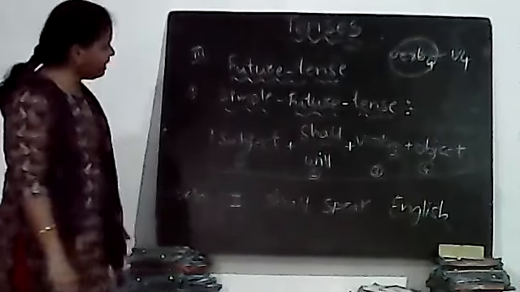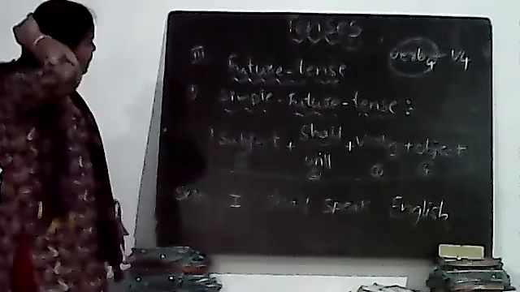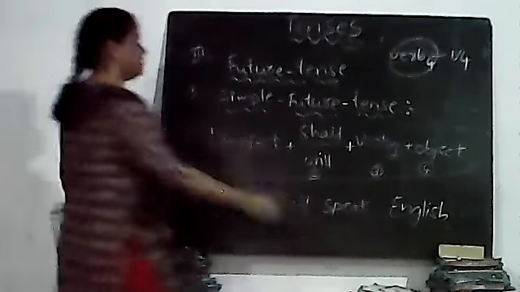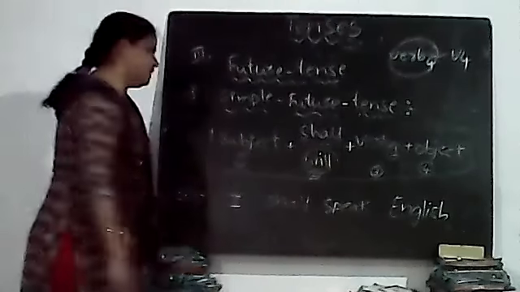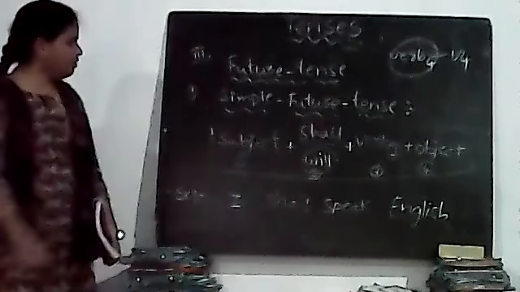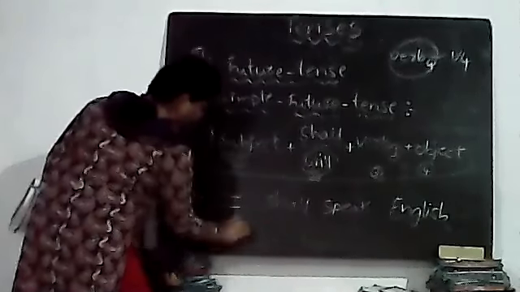We shall speak English. He will speak English. She will speak English. The third person uses will. Okay now? So she will speak English. He will speak English. They will speak English. So here there are 4 parts. Again we confirm it: first part, second part, third part, fourth part.